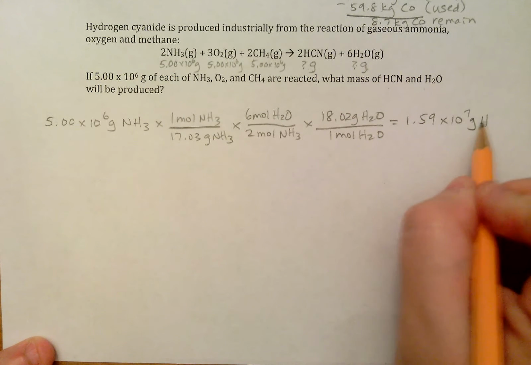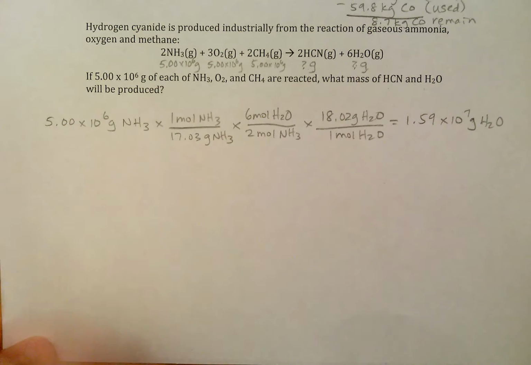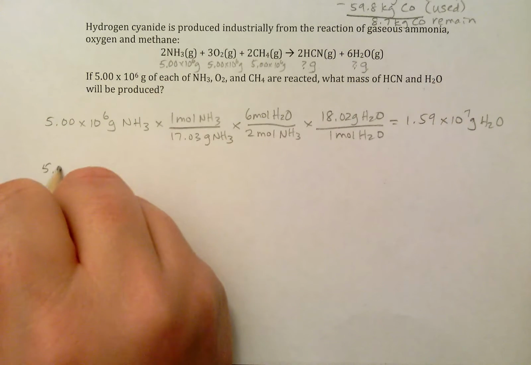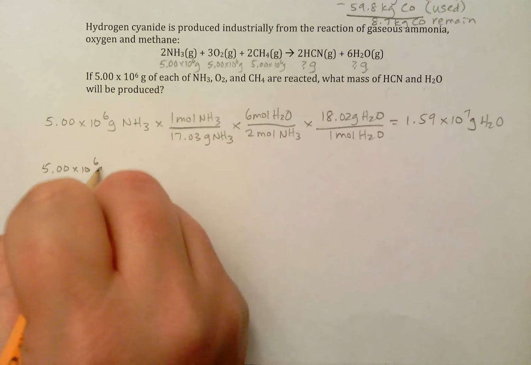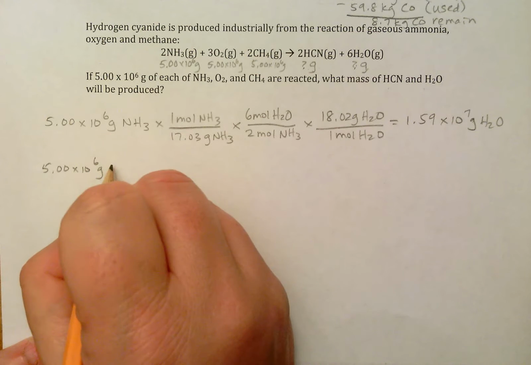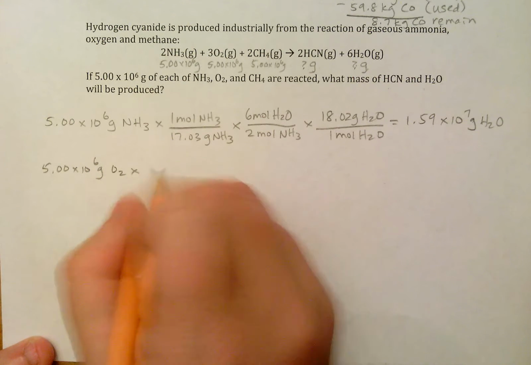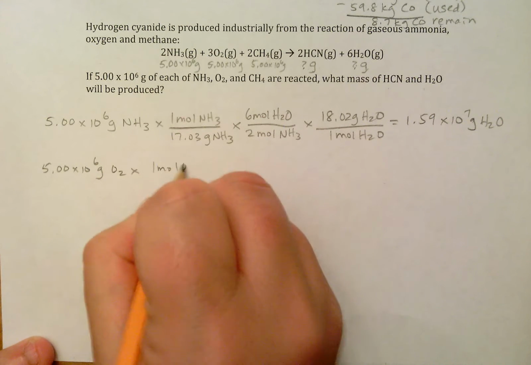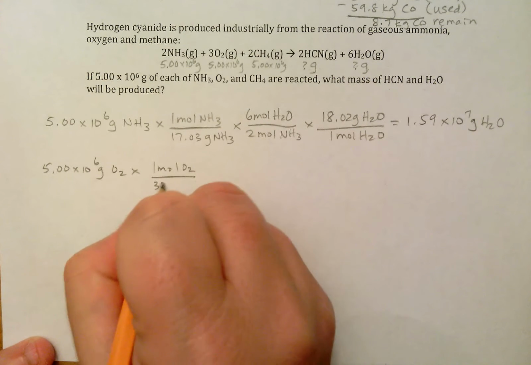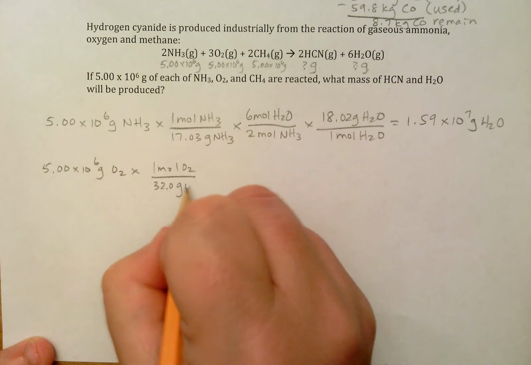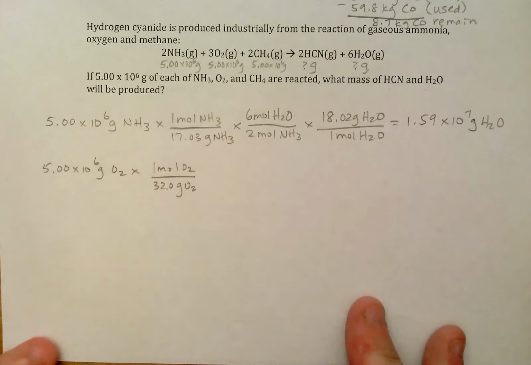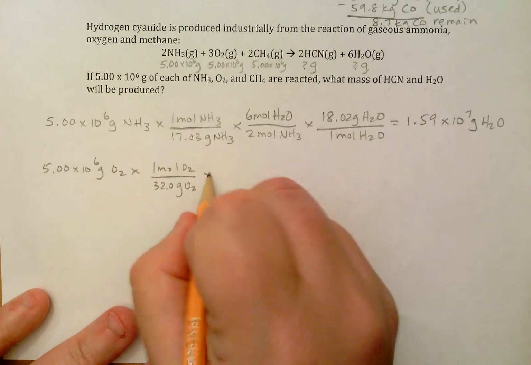All right, next one, 5.00 times 10 to the 6th grams of O2. 1 mole of O2, the mass is 32.0 grams, and we get this right off the periodic table. Now I have to still use H2O because I started there. So I need to compare H2O in every case.